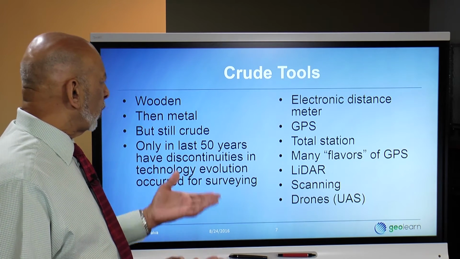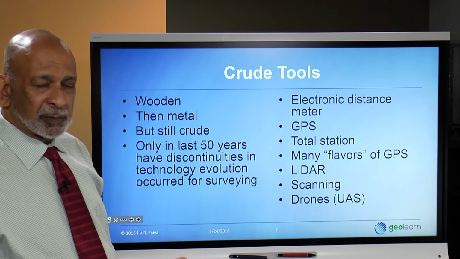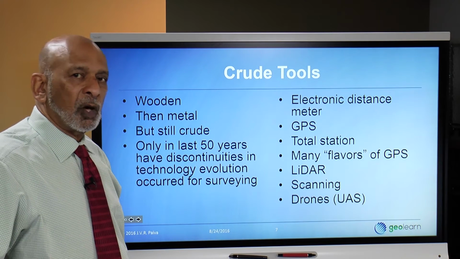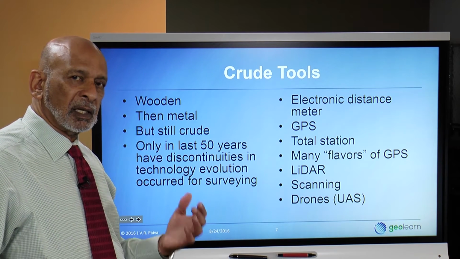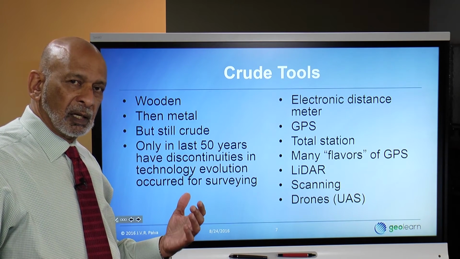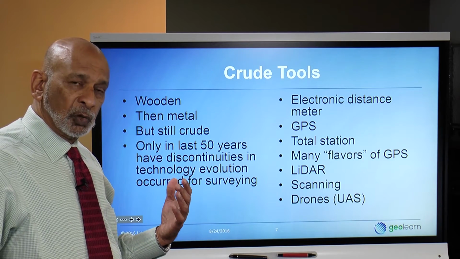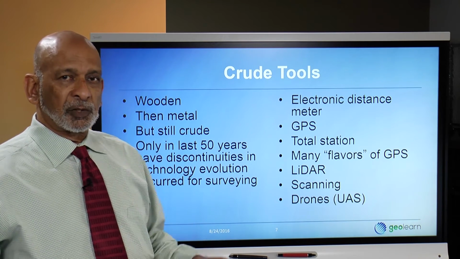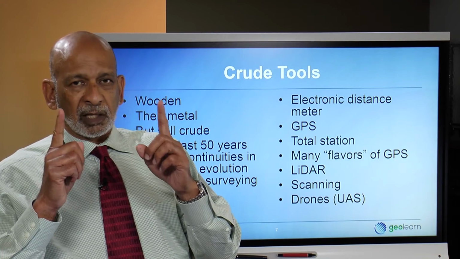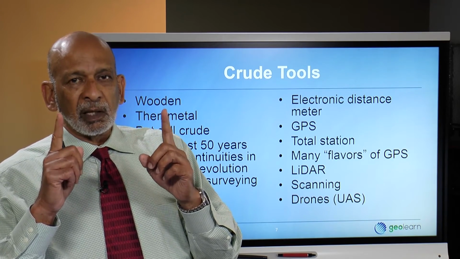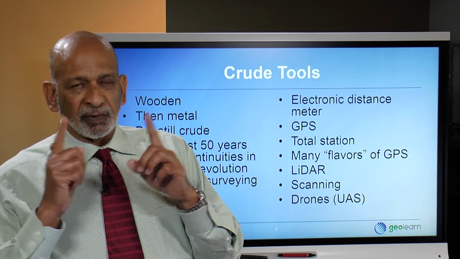For those of you who have already been involved in some aspect of surveying, you may know that surveyors in the 1800s and the 1700s used things called chains, which were actually made out of heavy wire with links that varied in length.